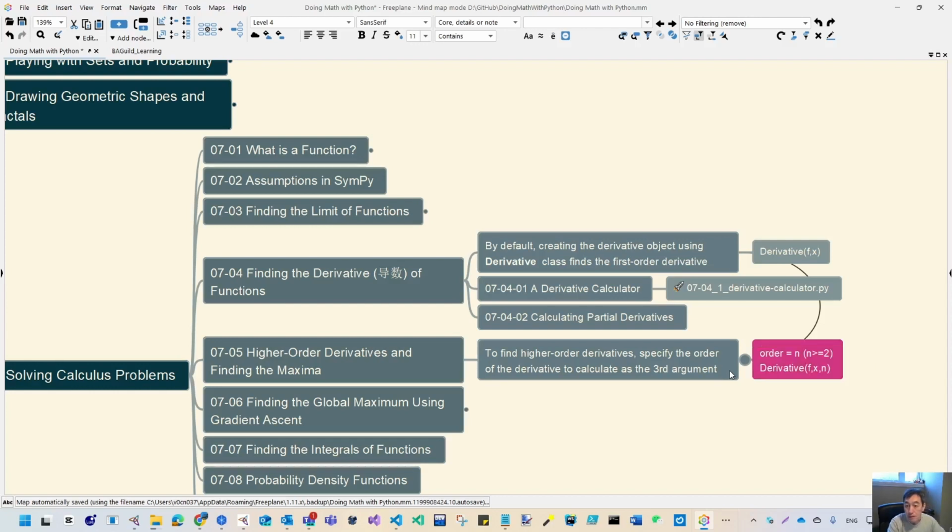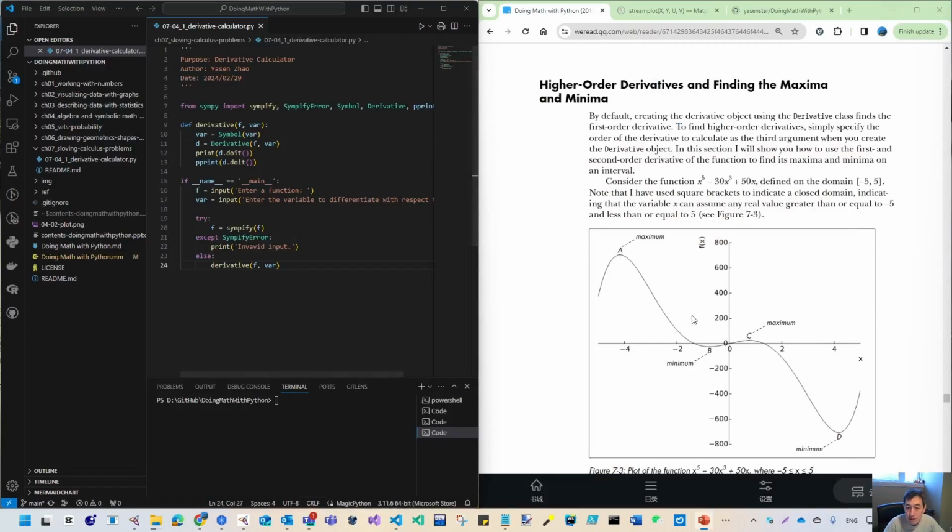That is the syntax. This is pseudocode, just to give you the idea: derivative can accept three arguments. When you send the third argument as 2, or even 1, you get the higher order derivative calculation.